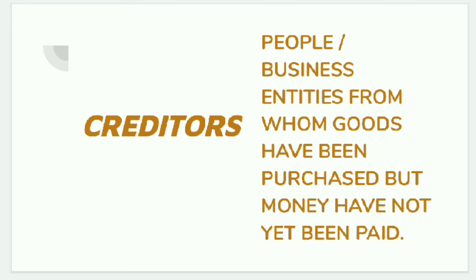So, the business organization or the person providing the raw materials to KFC are called creditors. Okay? So, who are creditors? Person from whom goods have been purchased but money has not yet been paid. Clear?